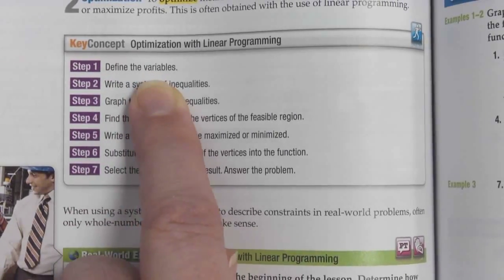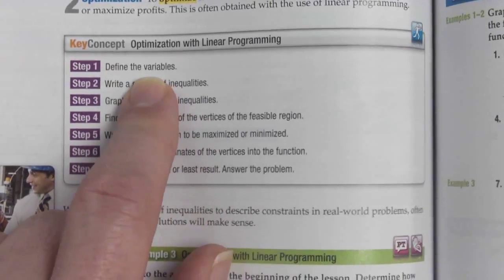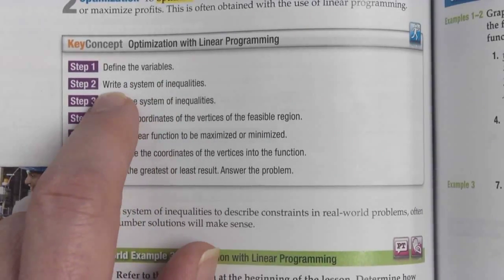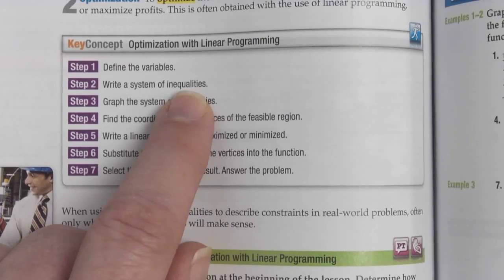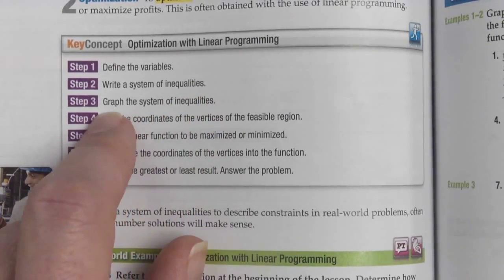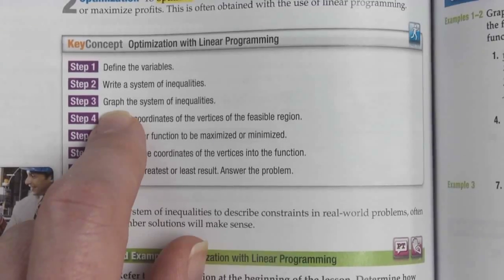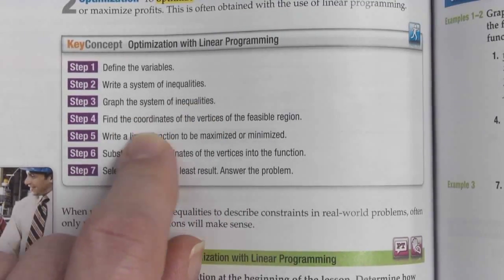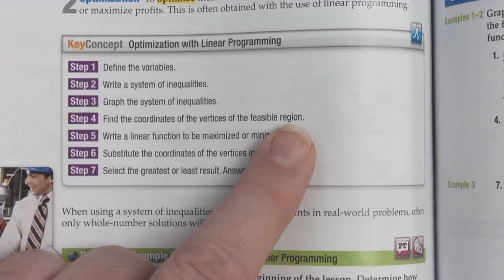Okay, so we're going to define the variables. That's always important. If they give you just a story problem, you need to define your variables before you start writing an equation. Write a system of inequalities that goes with your boundaries or what's needed to bound up the feasible region. Okay, then graph the system of inequalities that you've written. Find the coordinates of the vertices of the feasible region.